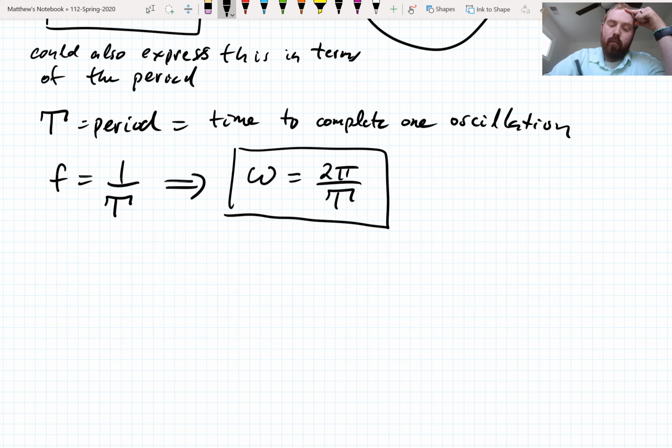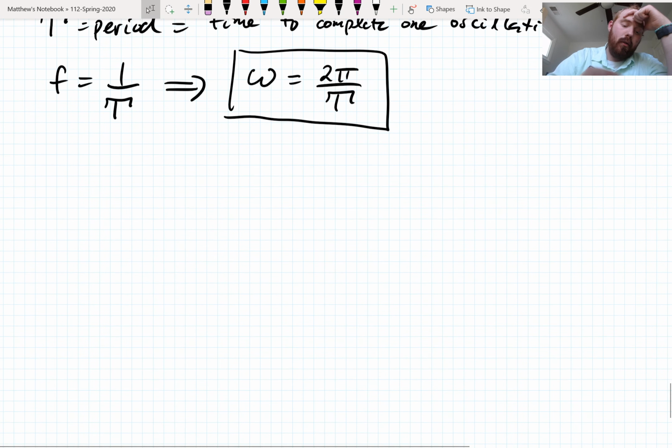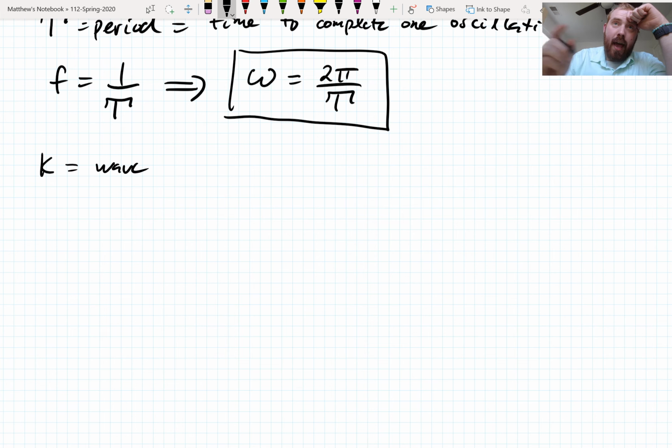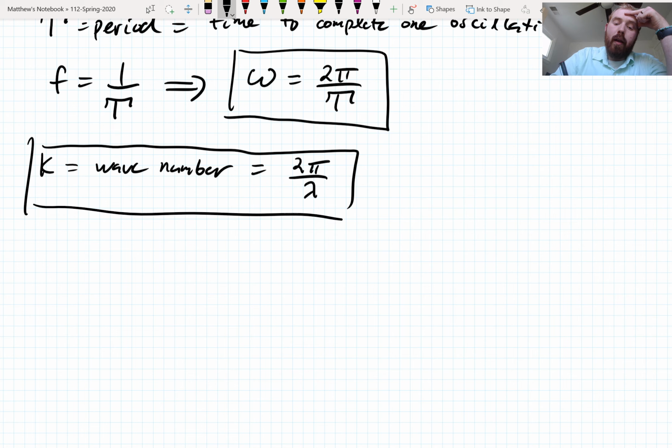If you remember your circular rotations, this should remind you of them. Similarly, we have this k. k is the wave number and is equal to 2 pi over the wavelength.